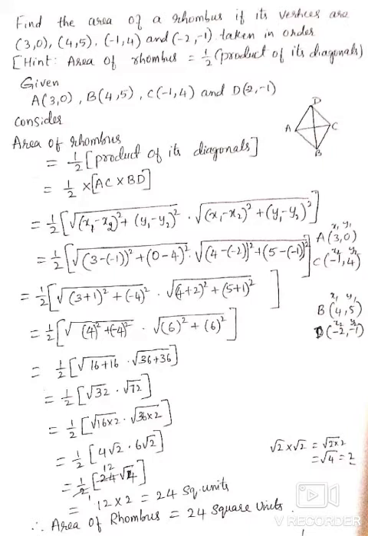That is half of square root of 4 whole square plus (-4) whole square, into square root of 6 whole square plus 6 whole square. That is half of square root of 16 plus 16, since minus into minus is plus, into square root of 36 plus 36.